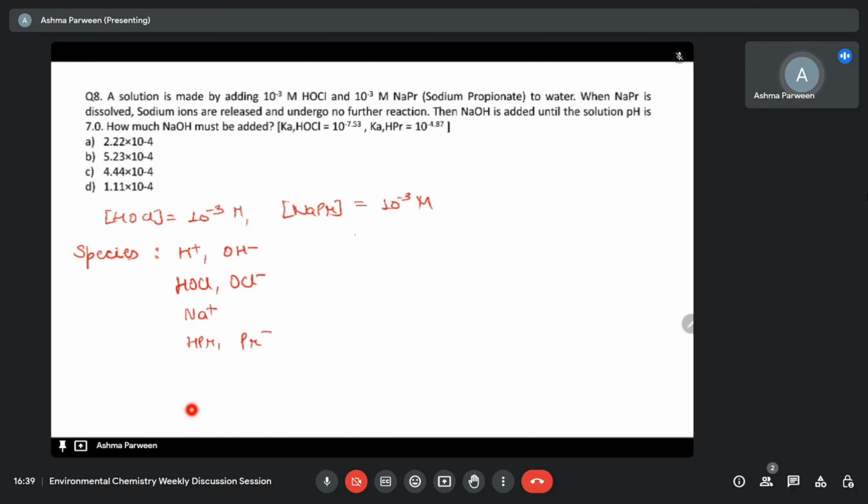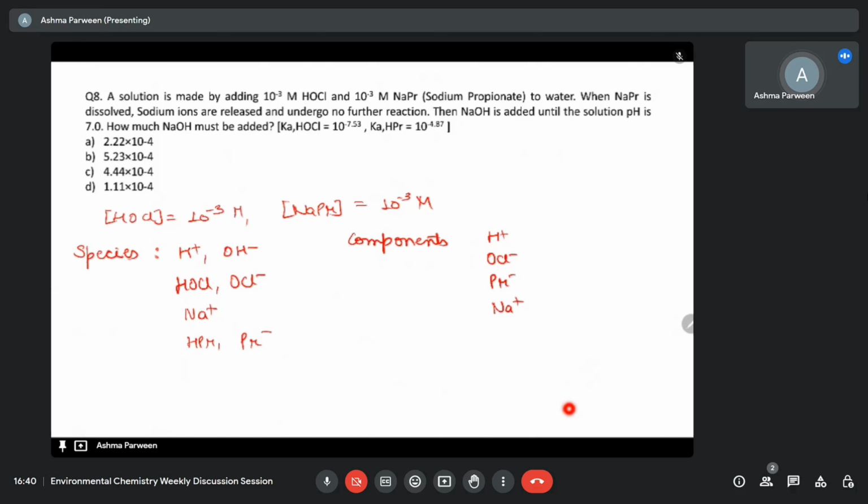The components are H plus, OCl minus, Pr minus and Na plus. So we have 7 species and 4 components.